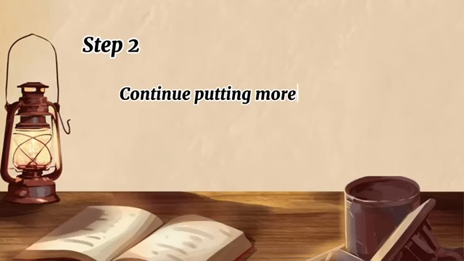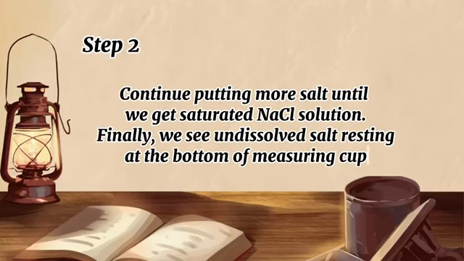Then we continually put more salt into the hot water until we get the saturated solution of sodium chloride. And finally, we see the undissolved salt resting at the bottom of the measuring cup.